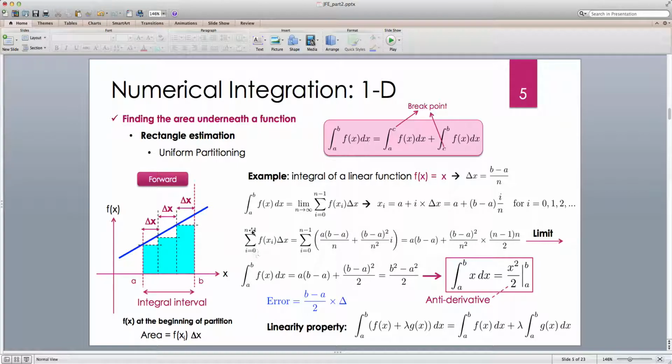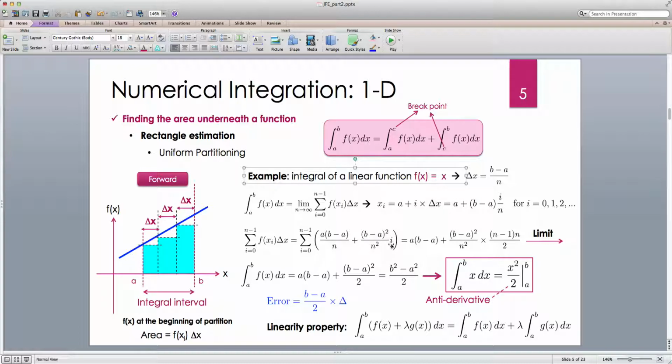So the sum from 0 to n minus 1 of f of xi delta x: we just replace f of xi by the definition of f of x, which is x. So f of xi is equal to xi, which is equal to this, multiplied by delta x. So it is a times (b minus a) over n, plus i times (b minus a) squared over n squared.